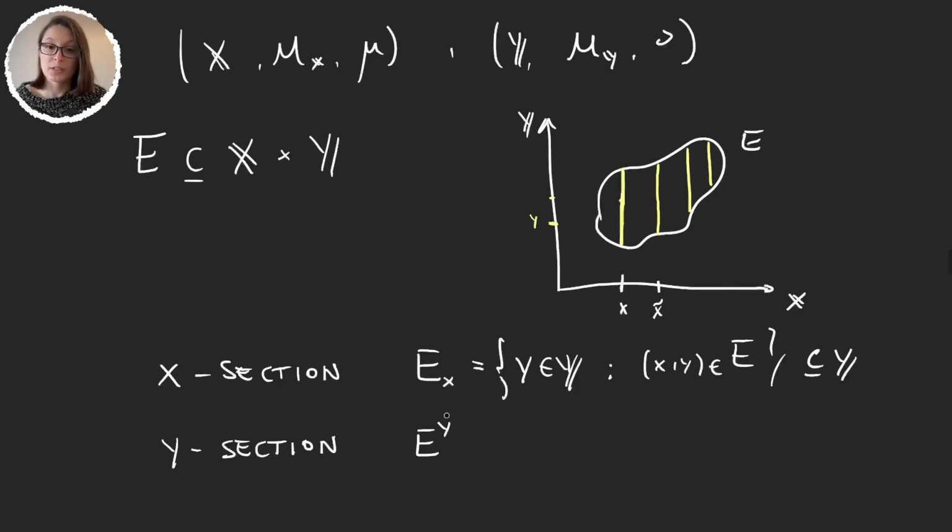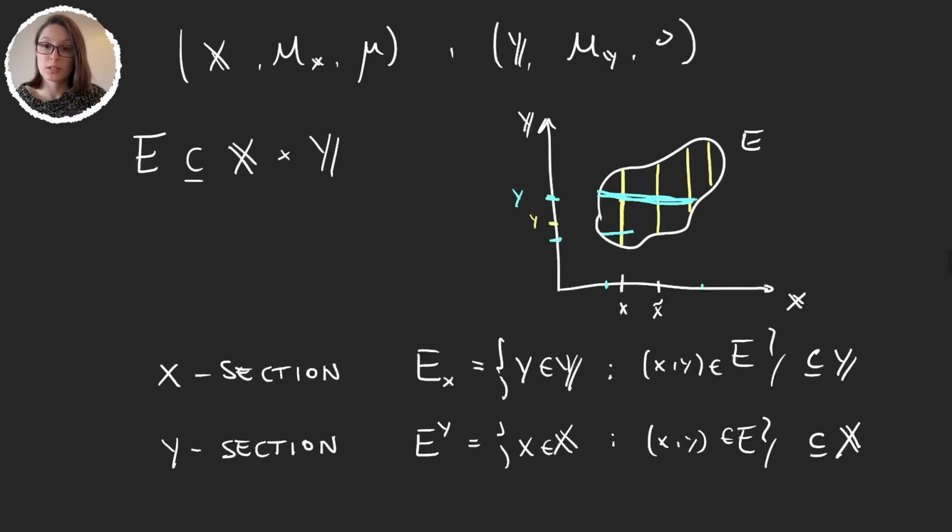And likewise, the Y section, E^y, is now going to be, well, all the elements x in X such that the same happens. (x, y) is an element in E. And now this is, of course, a subset of X. So now we fix an element y and we look at all the elements in X. So all this range of elements in X are those for which (x, y) is here in E. If I change my value of y, then of course I get a different Y section.